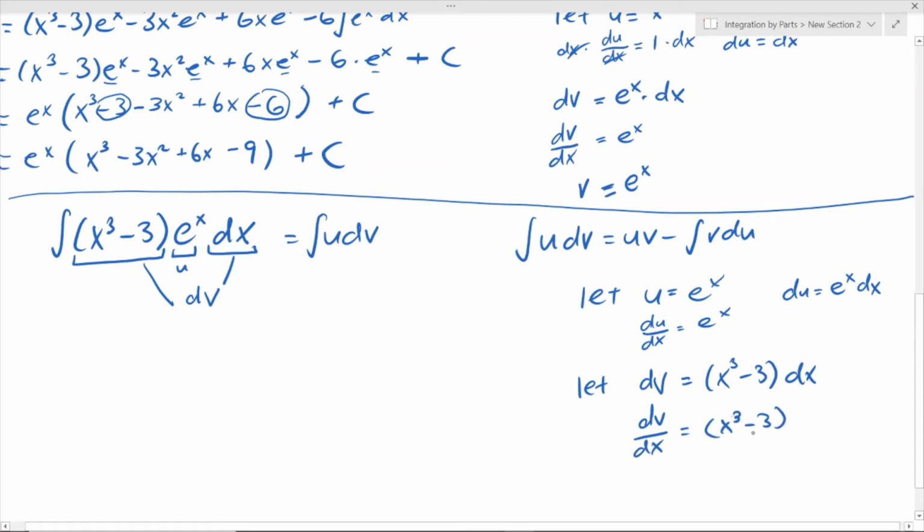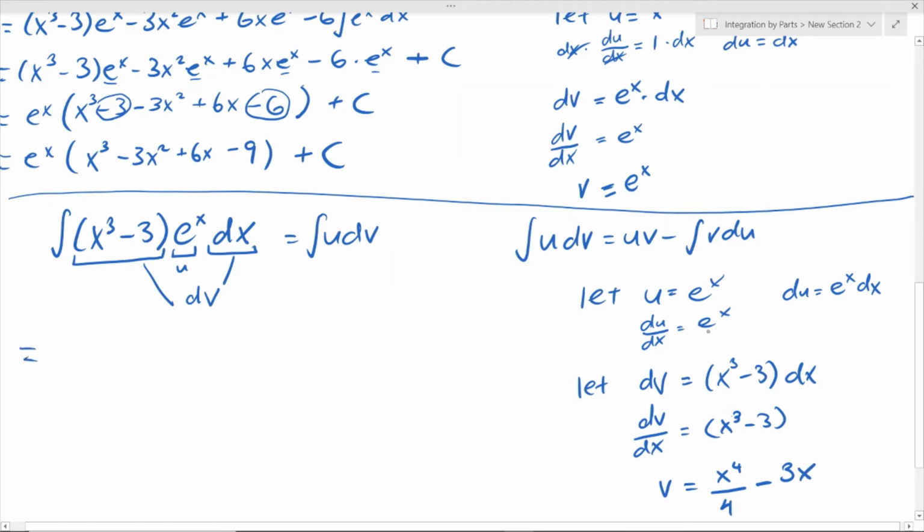So we're trying to integrate this. Integrating this, we are going to get x to the exponent of 4, using power rule for integration. So x to the exponent of 4 over 4, and then this is minus 3, so it's going to become minus 3x. Okay, so now let's plug everything in.